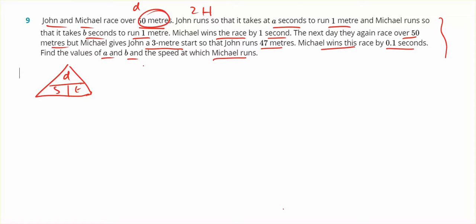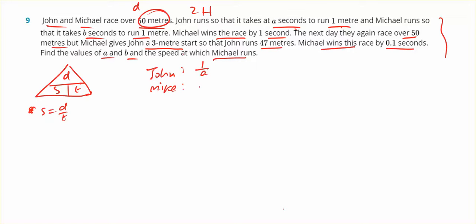So we know, okay, let's go John and Michael. We know John's speed is A seconds to run 1 meter. Remember, speed equals distance over time based on the triangle. So John's speed is distance, which is 1 meter, over time, A seconds.